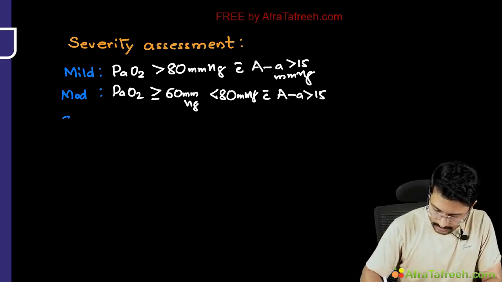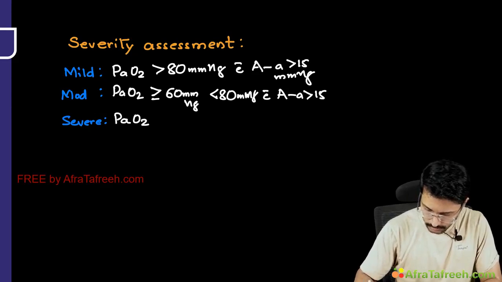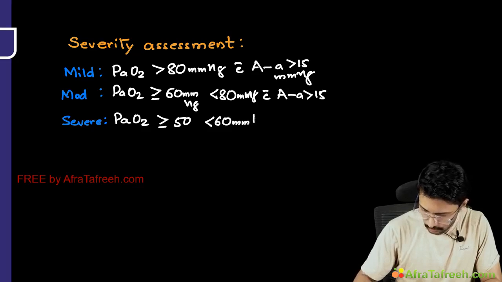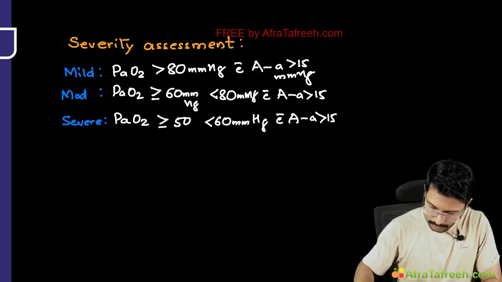Now when can I call it severe? I will call it severe when PaO2 is more than or equal to 50 but less than 60 millimeters of mercury, with my alveolar arterial gradient of more than 15 millimeters of mercury.